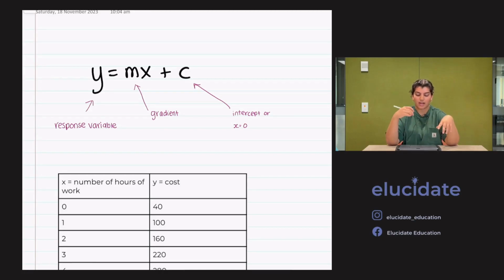I'll explain it when we have a graph to look at later. And c is what the y value is when x equals 0. In the next example, we'll go through all of this if it doesn't make sense yet, but that's the basic equation of the line of best fit or the least squares method.